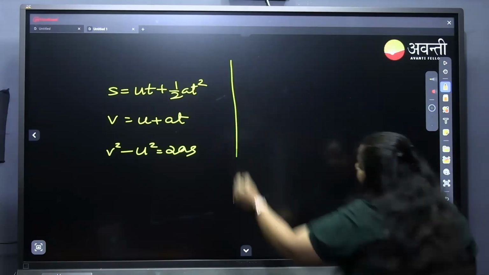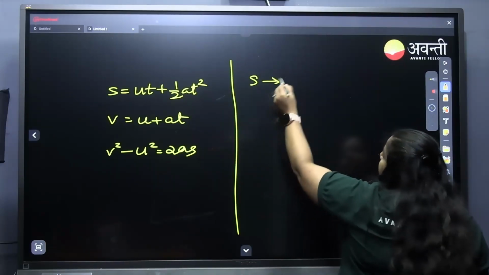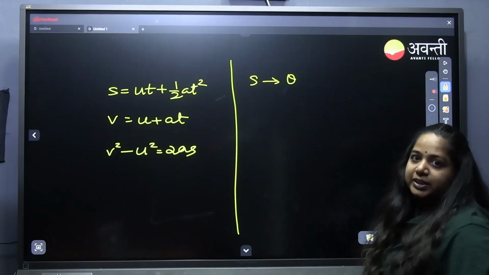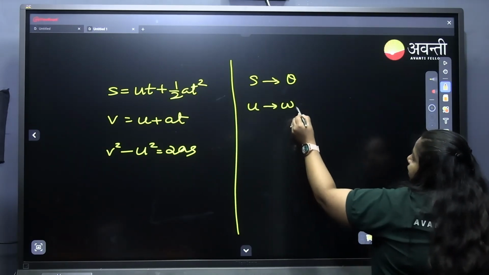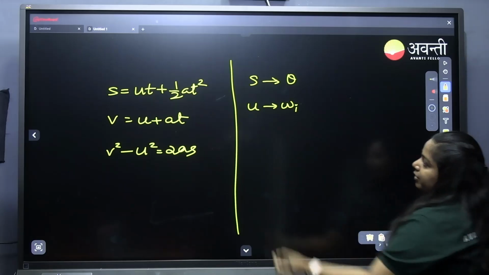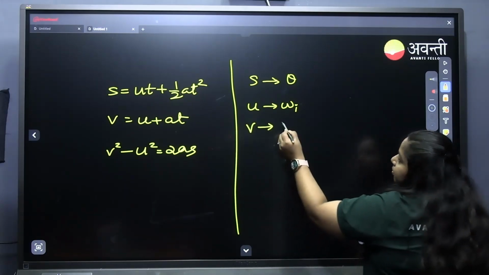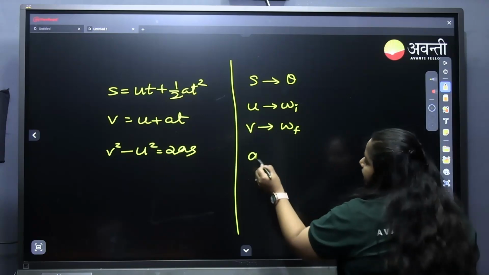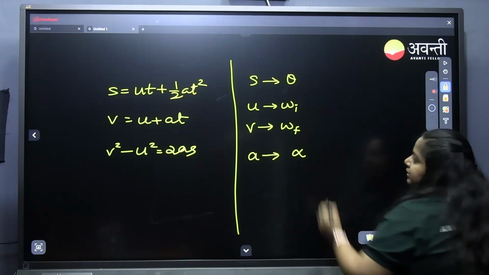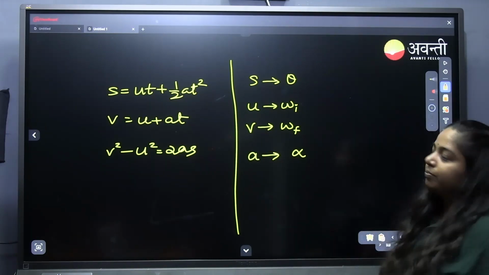Okay, s will become theta, angular displacement. U will become initial angular velocity. V will become final angular velocity, and a will become angular acceleration, that is alpha.